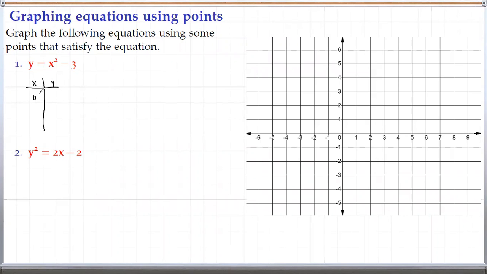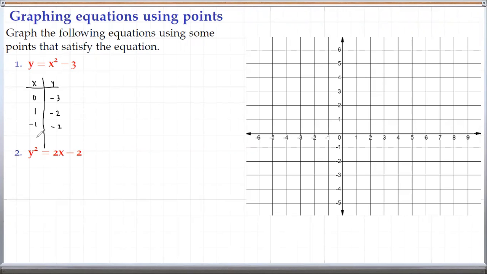So when x is 0, we have y equals 0 squared minus 3, which is negative 3. When x is 1, we have 1 squared minus 3, which is negative 2. When x is negative 1, we have negative 1 squared, which is 1, minus 3, negative 2.